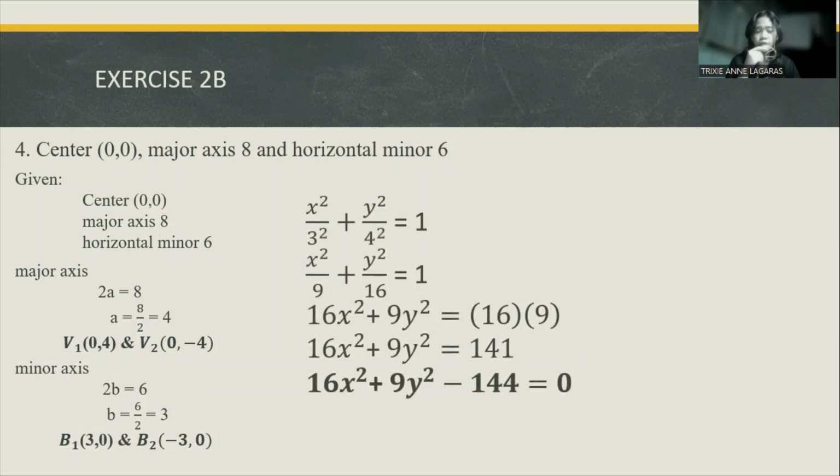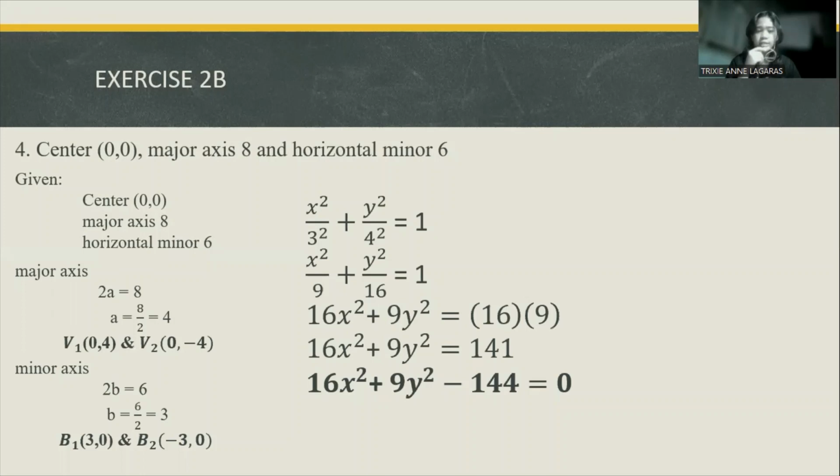So, since mayroon na tayong a and b, pwede na natin makuha agad yung equation niya. So, x squared over 3 squared plus y squared over 4 squared equals 1.